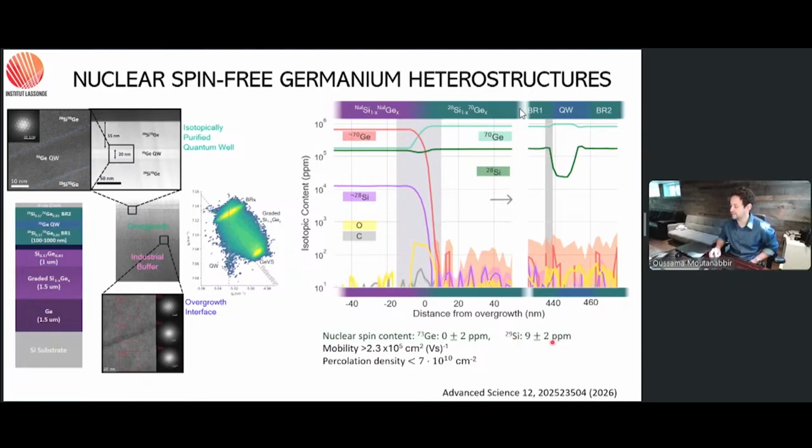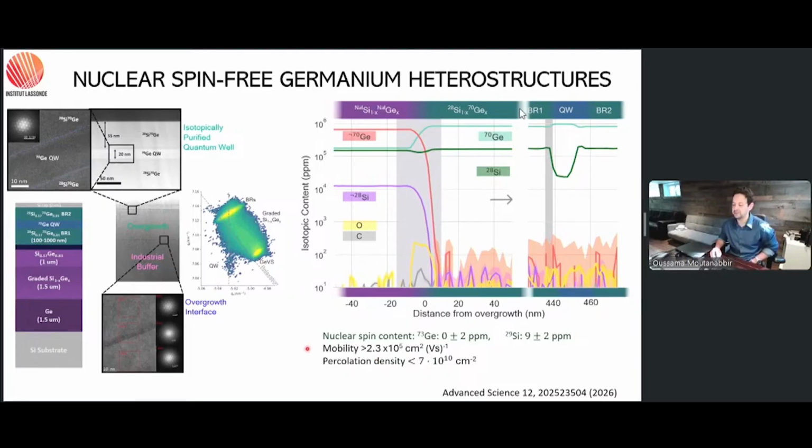But again, this is really close to the sensitivity of atom probe tomography, so I will not take this too seriously. For the mobility measurement, I think this is at around 1.7 Kelvin. All devices show mobilities above 230,000 and percolation density below 1.7e10.